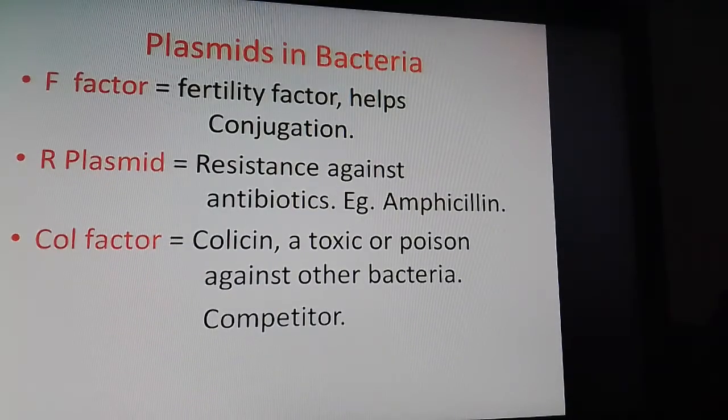Now this F factor called a fertility factor, that gene produces the substance which will be forming a pilus, a filamentous structure, or in plural called pili, helpful for bringing another bacterium nearer and help conjugation process.